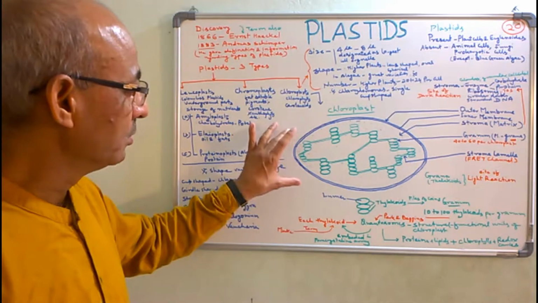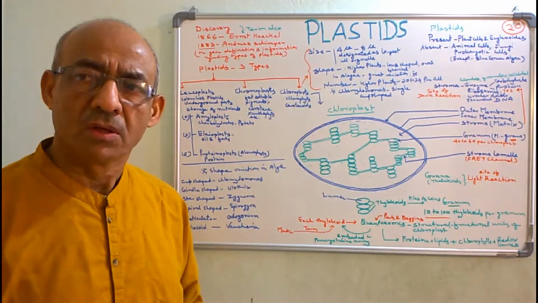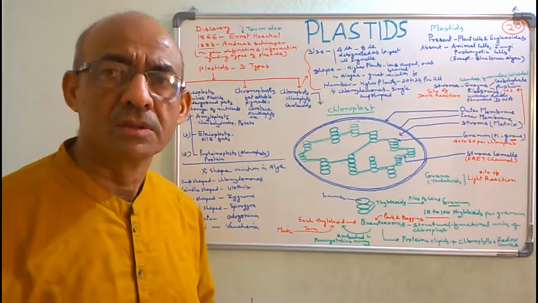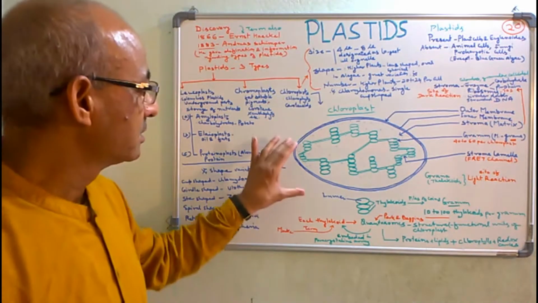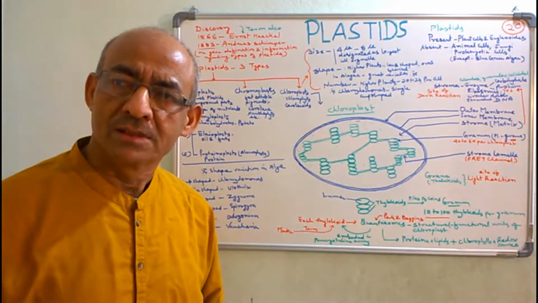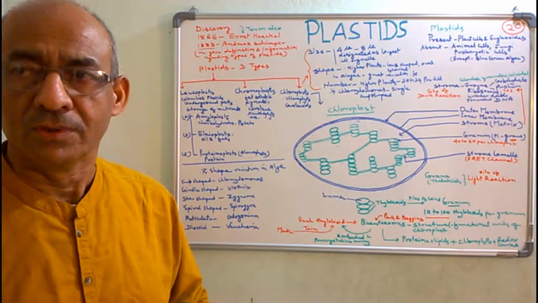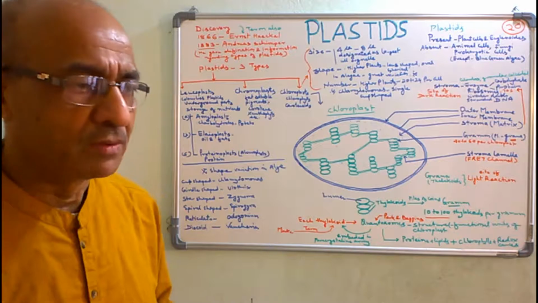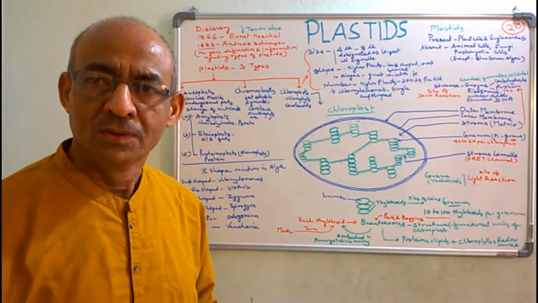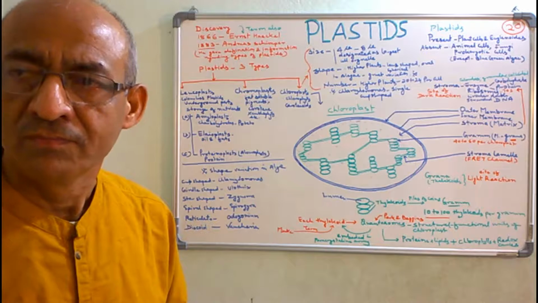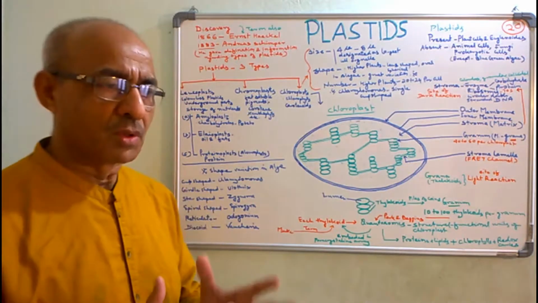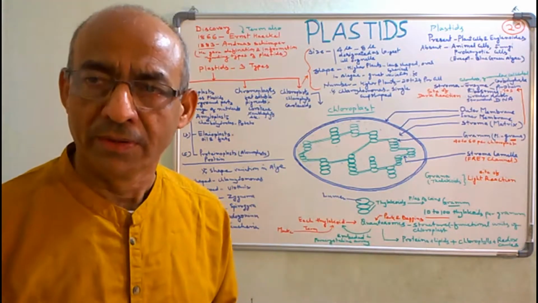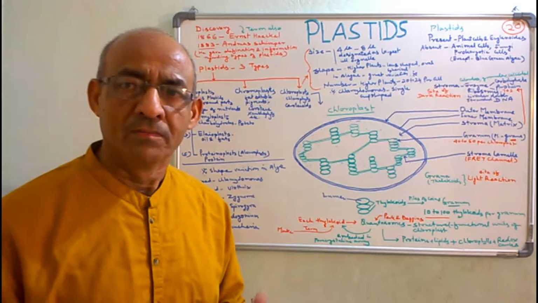As I told you, this membrane bound cell organelle is very important for the entire world, because due to this cell organelle, the entire world is getting food. You know, the plants are universal producers of food. With the help of photosynthesis, they produce food.